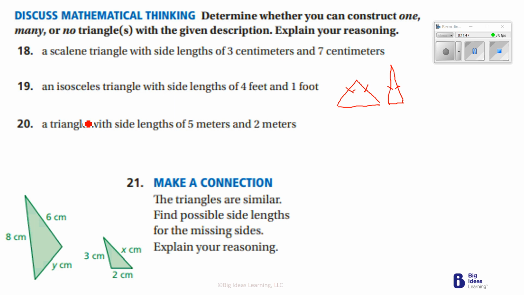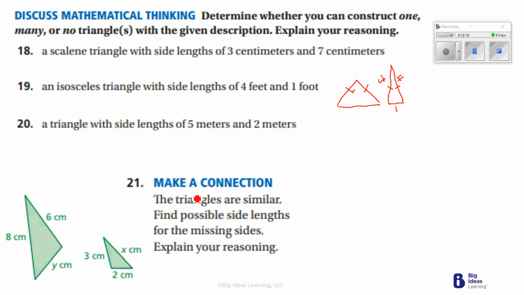So it says with side lengths 4 feet and 1 foot. So you could have a 1 foot here and 4 feet here. So can you make one, many, or no? I'm going to say you can make one type of triangle with this.